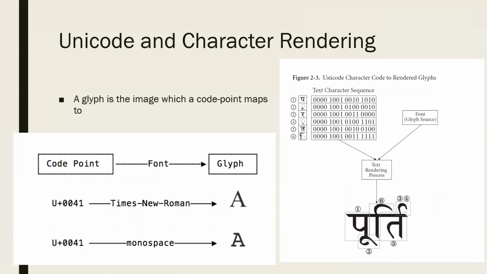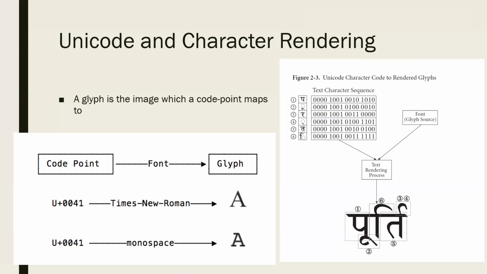Unicode defines the way that these numbers correspond to a particular glyph, and what kind of font you use would change the kind of glyph that you end up with. What's also important about Unicode is that it doesn't assume that all letters are written from left to right. Unicode symbols can also occur under or above or to the left or to the right.